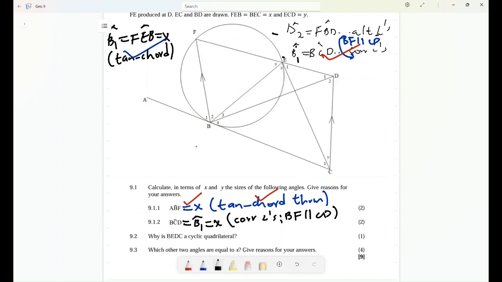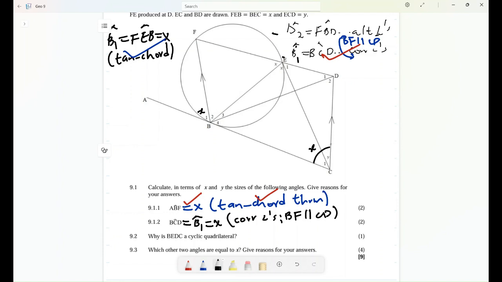Now, let me just add whatever information that I have. I know this is X. Which other angle again? This whole part, this X, BCD, yes, it is X. In terms of X and Y, I did not see any Y coming into play here.